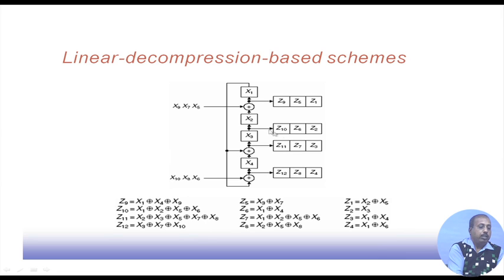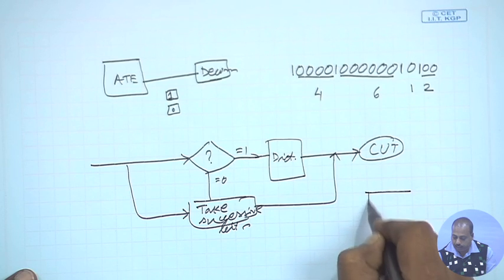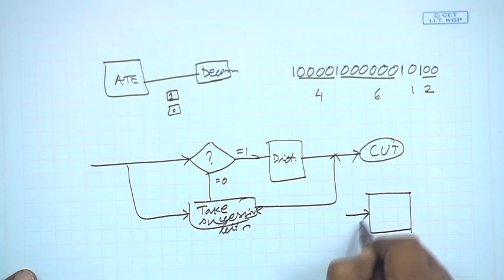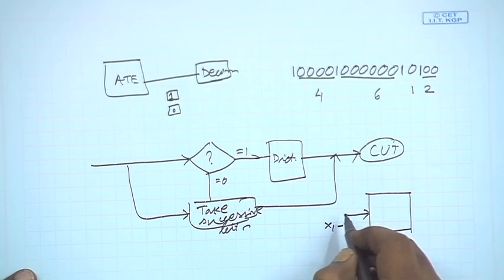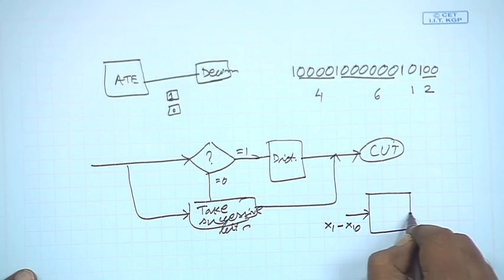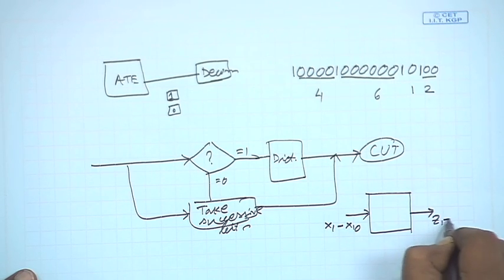If Z1 to Z12 happens to be my test pattern, and I have this machine available, then I need to store only x1 to x10 as the input to this machine. I can consider this whole thing as a machine where the input is a 10 bit input consisting of x1 to x10, and as output it can generate Z1 to Z12.